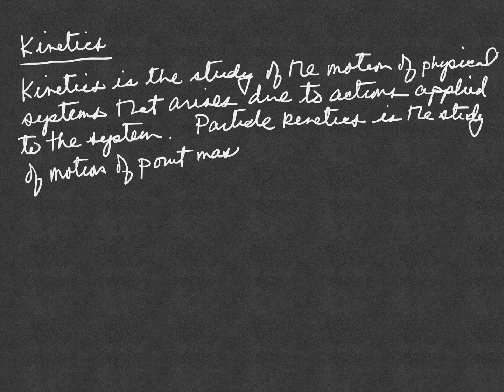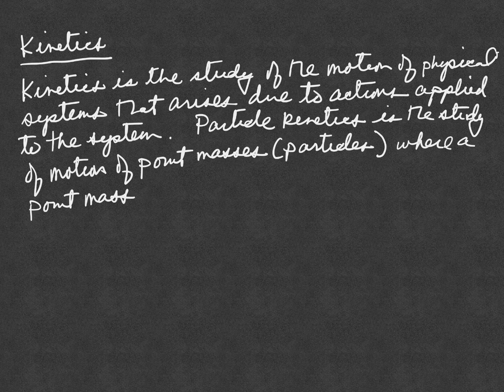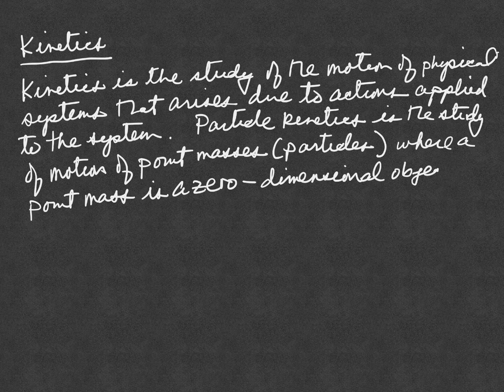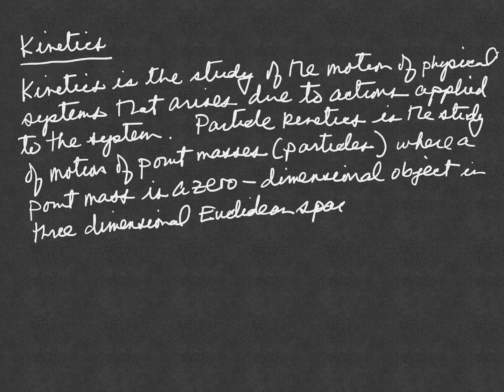Now, point masses, which are also equivalently particles, where a point mass is a zero-dimensional object in three-dimensional Euclidean space that has what's called inertia or mass.